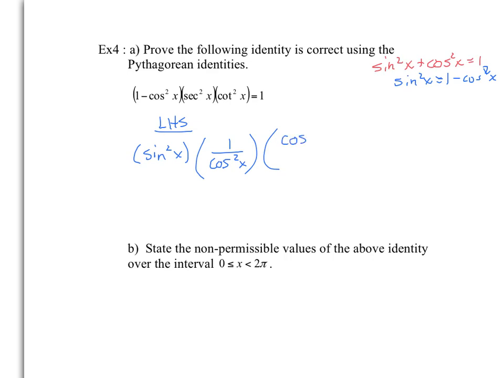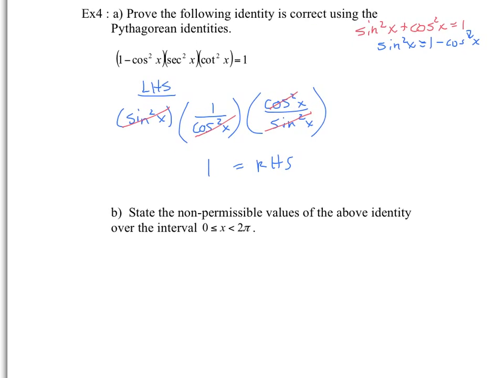So cos squared x over sine squared x. Well, notice on the left-hand side, if I look at all the numerators multiplied together and all the denominators multiplied together, there are some things that I can cancel out. This sine squared and this cos squared cancel out, and all I'm left with is 1, which is equal to the right-hand side. So all I've proven here is that this side and this side are equal.